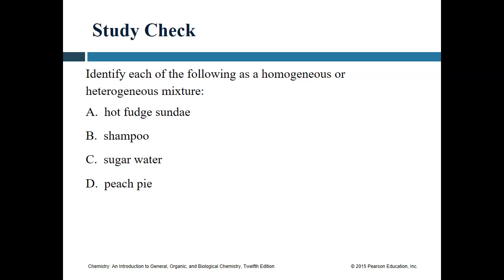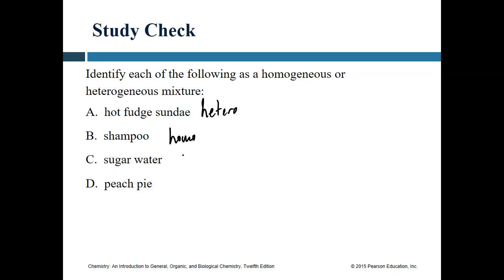Here are four mixtures. Are they homogeneous or heterogeneous? Hot fudge sundae. Heterogeneous. Shampoo. Homogeneous. Sugar water. Okay, dissolved sugar water.